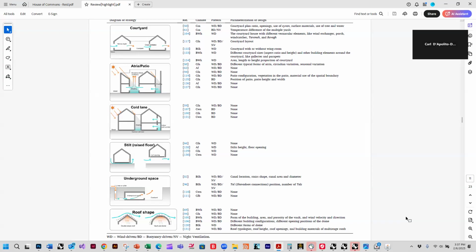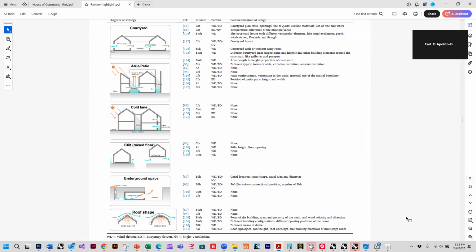And then sometimes you shape the roof, okay? And that's like an airplane wing. The air will go faster over the curved surface than it will go through the building if something is open, like if there's a porch here. The air is traveling faster over the roof and slower over the bottom, so it creates a pressure difference from the top to the bottom, and that pulls air out.